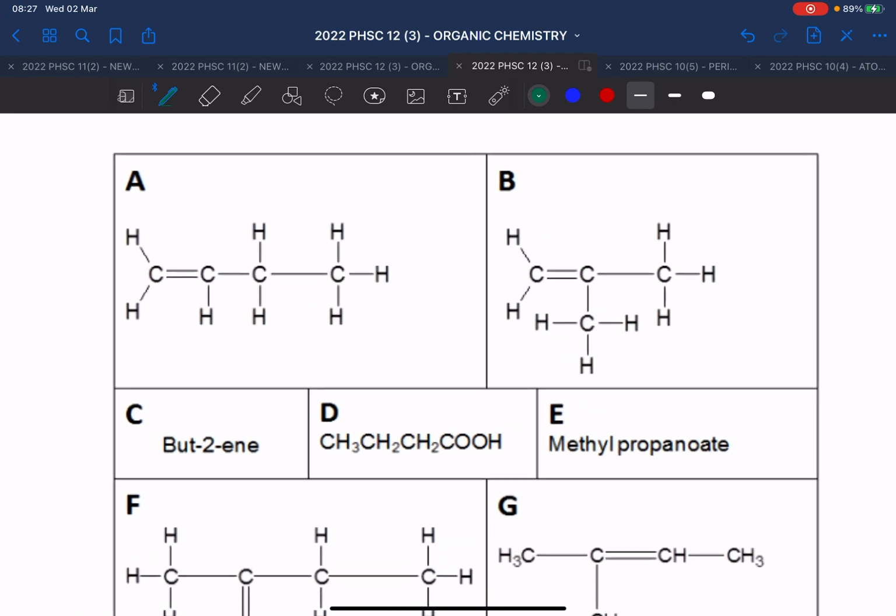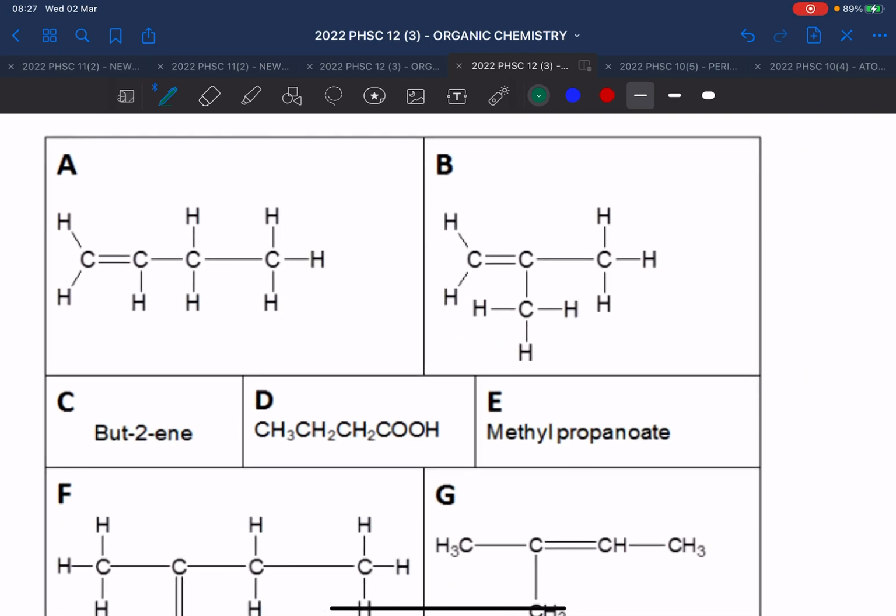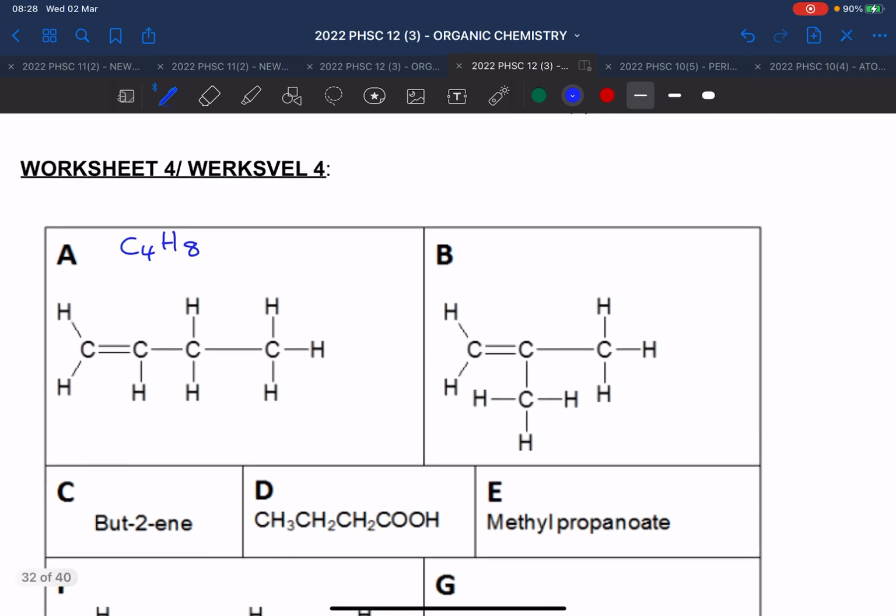Okay, so let's look at A. What will be the molecular formula for that structure? Eight. Alright. To which homologous series does it belong?